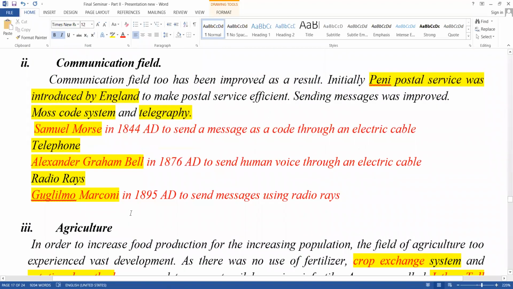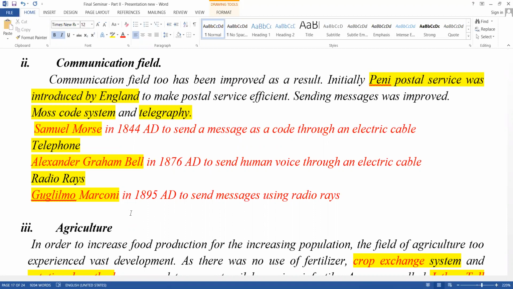Agriculture I have given here. In order to increase food production for the increasing population, the field of agriculture experienced vast development. In the question which was given about agriculture, they asked: explain with three examples the development of agriculture during the industrial revolution. So you can write about three things. If you don't write three examples in your answer, you are not given marks. Crop exchange system and rotational system had been introduced in agriculture. Why?